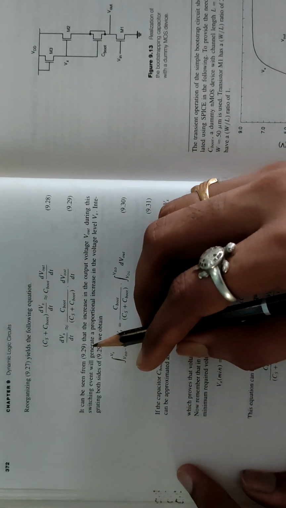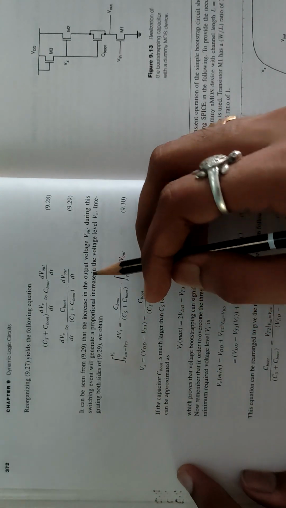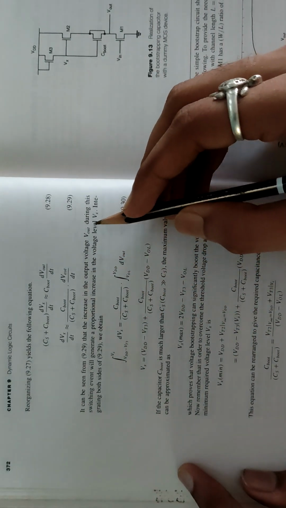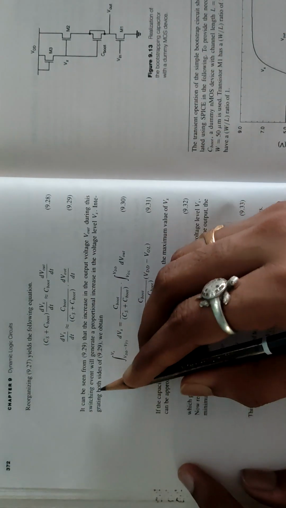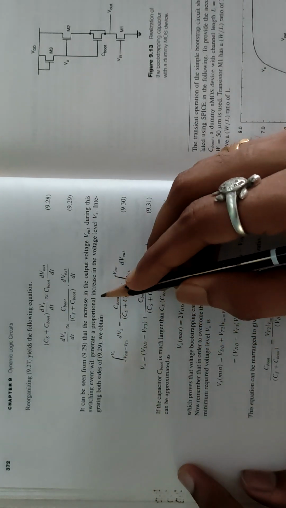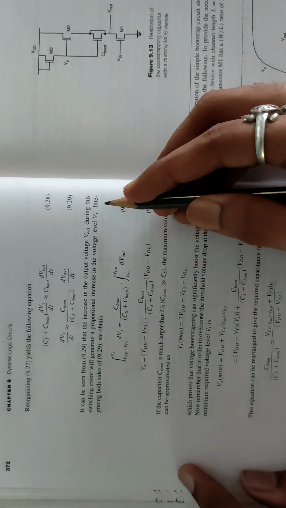It can be seen from the equation that an increase in the output voltage Vout during this switching event will generate a proportional increase in the voltage level Vx.